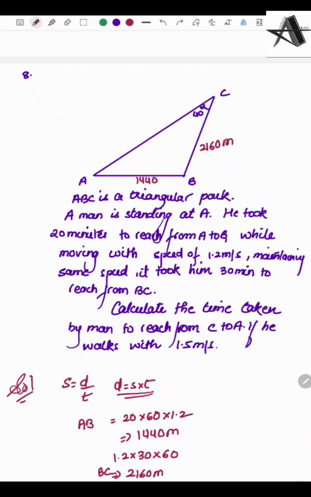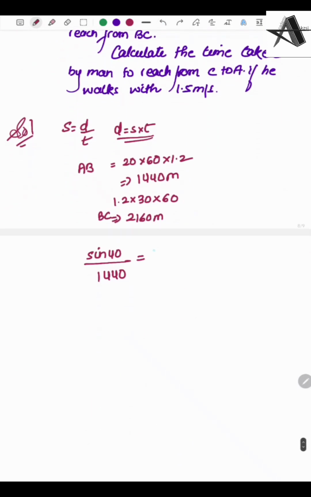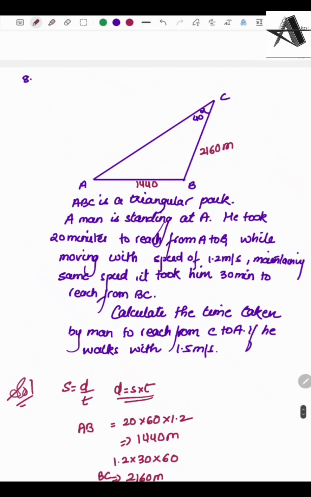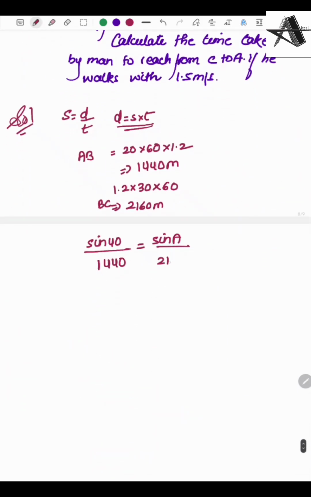So that is angle A. So sine of angle A over length 2160. From here I can calculate sine of angle A. So sine of angle A is sine 40 into 2160 over 1440.